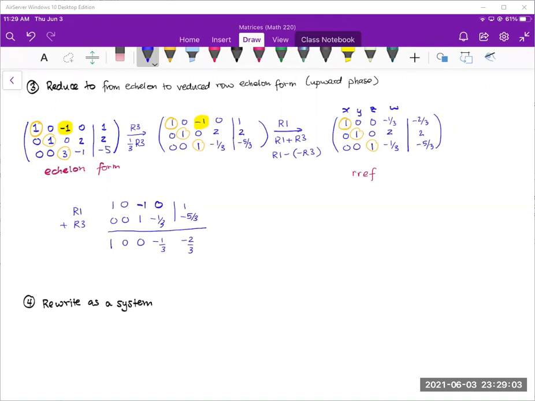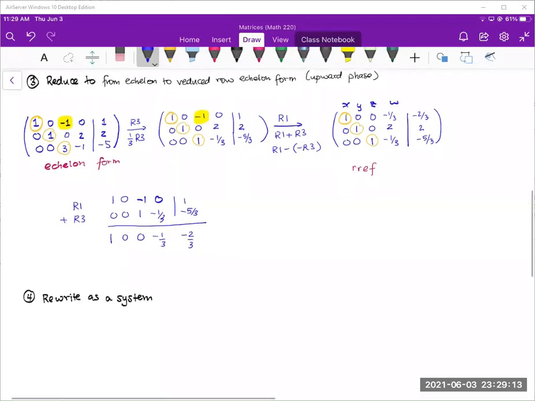Notice that the payoff, what we have to pay for that, is that w occurs in multiple equations. Okay. So this sometimes happens, but what we're going to see is that we have infinitely many solutions, and that w term is going to show us sort of how we have these infinitely many solutions.